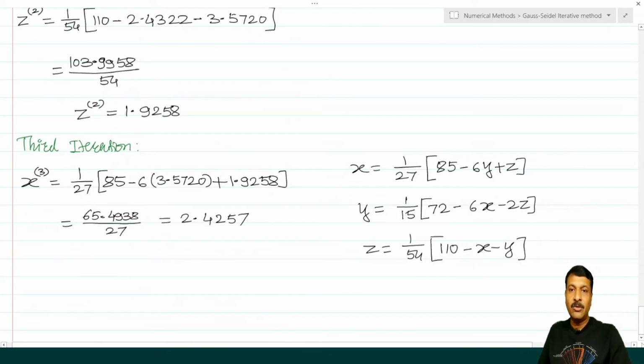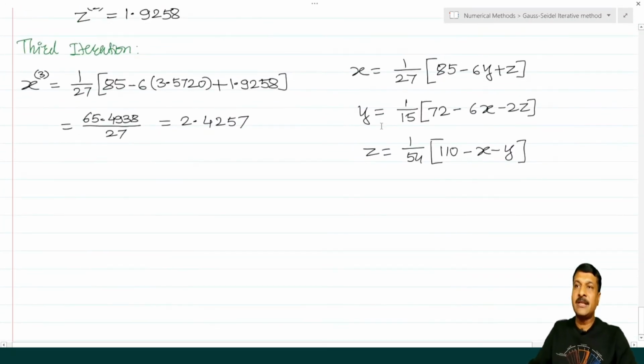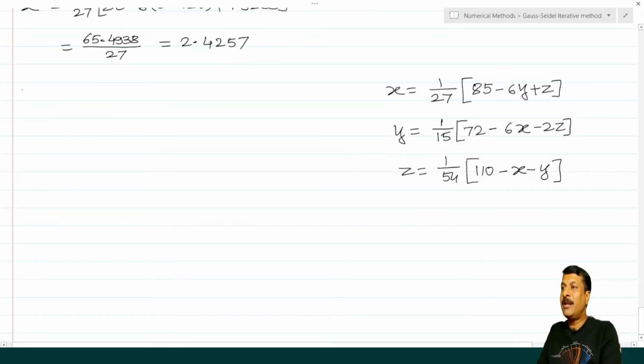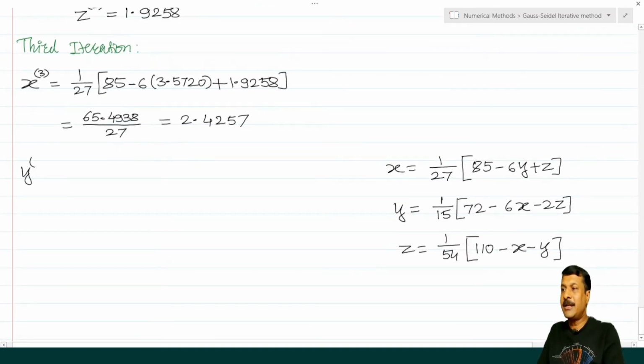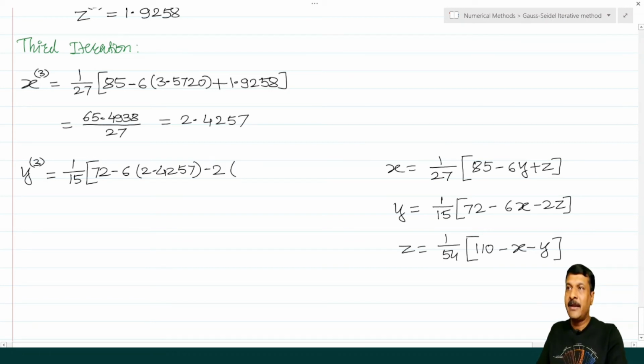2.4257. Now the y value, using recent values of x and z. Now the value of y, third iteration, is equal to 1 by 15 in bracket 72 minus 6 times the recent value of x by table, 2.4257, minus 2 times the value of z, which is 1.9258.